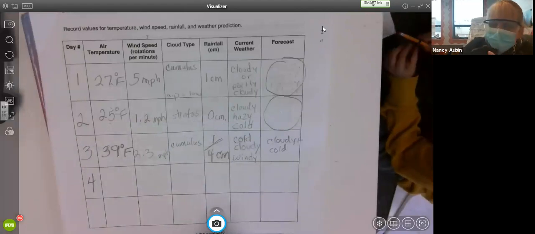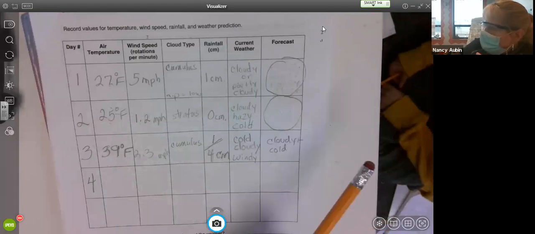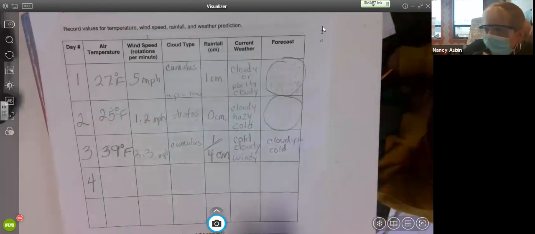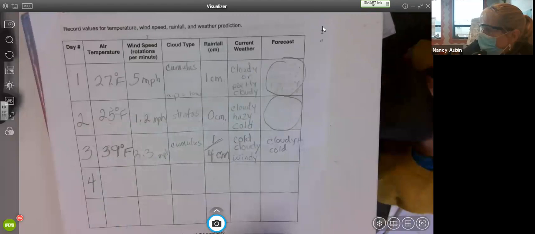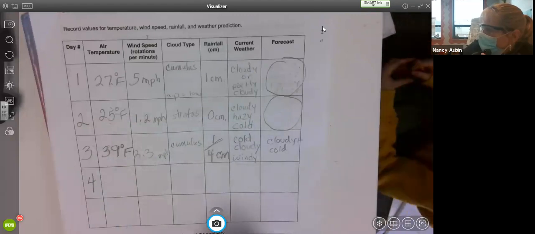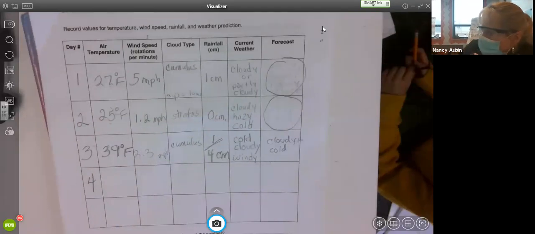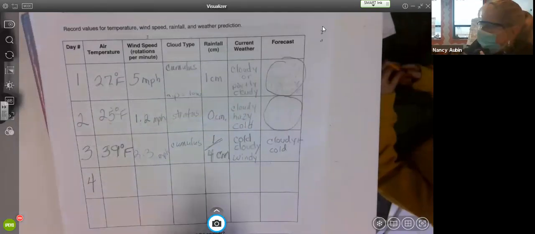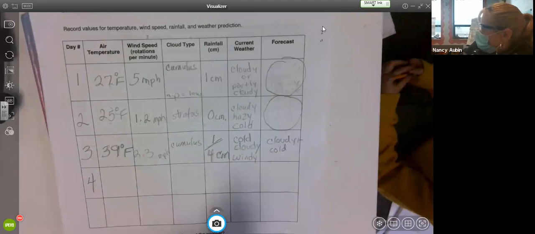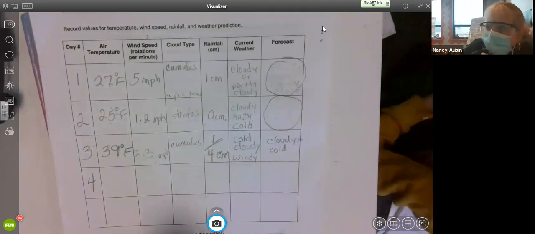So that means, do you guys know the temperature? Elena, do you know what temperature it has to be for water to freeze? Help her out, Max Fox, birthday boy. We have a birthday boy in the house. It has to be 32 degrees or lower. 32 degrees Fahrenheit or lower.